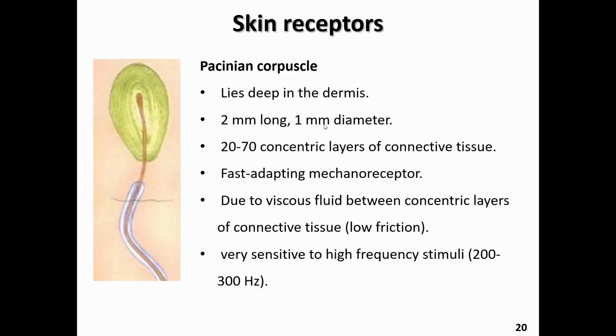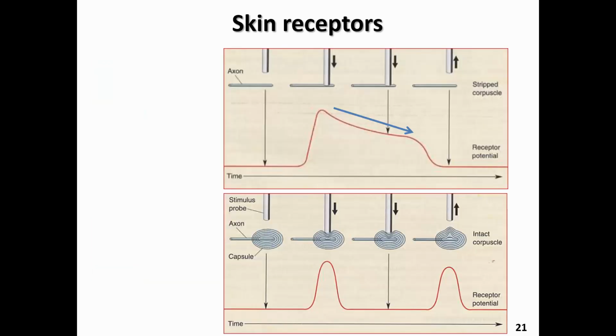The Pacinian corpuscle is particularly sensitive to high frequency stimuli in the range of 200 to 300 hertz. Because of the concentric layers, the Pacinian corpuscle also has what's called a large receptive field. The receptive field refers to the area of skin in which the receptor will be activated with external contact.